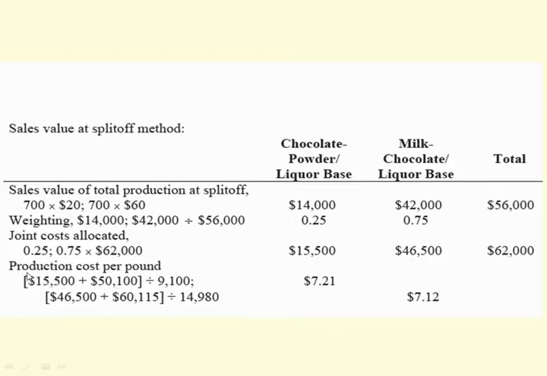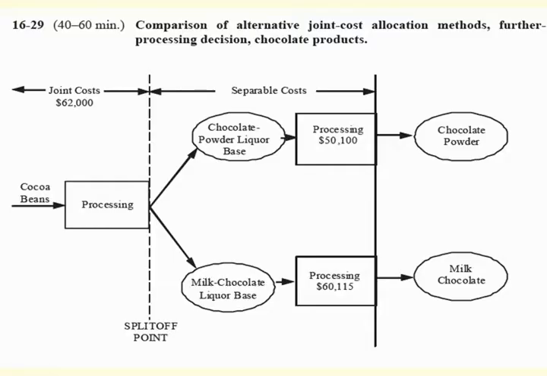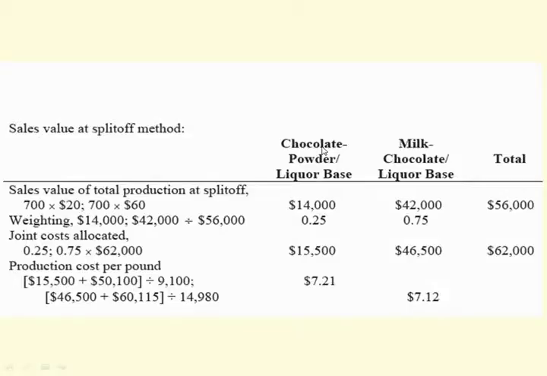Then the final step, we need to calculate production cost per pound. But here, when we calculate production cost per pound, we calculate it for the final product. So the costs of the final product will consist of two costs. First, its share allocated from the joint costs, plus separable costs for the further processing.